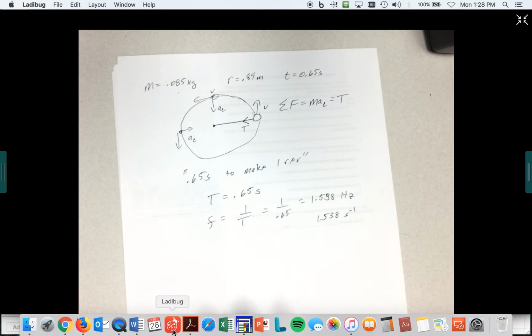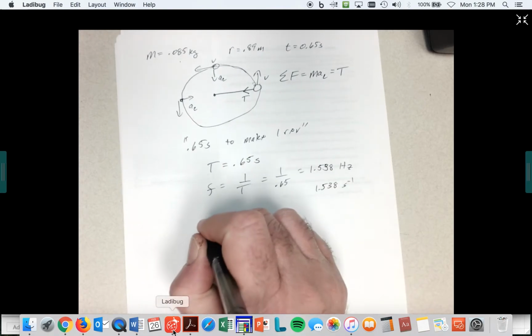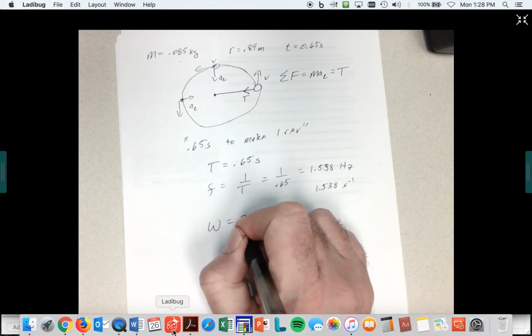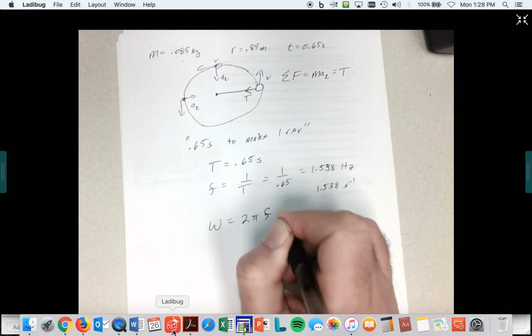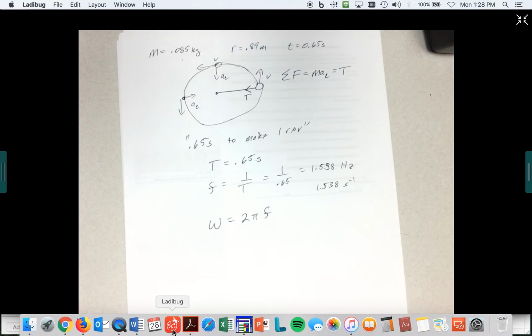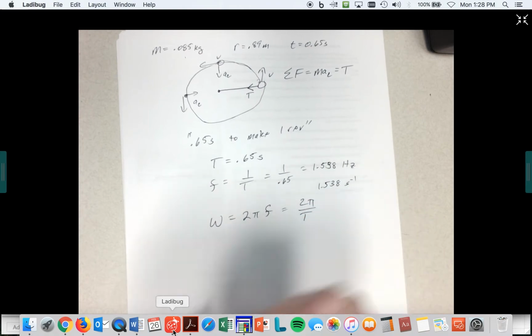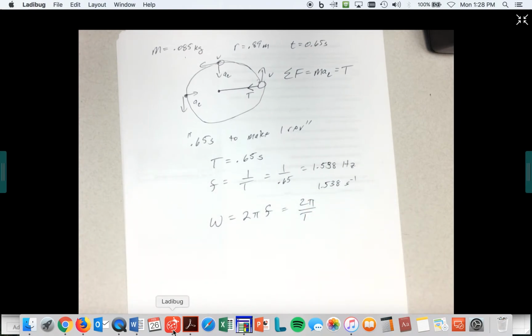And the angular speed, omega, is equal to 2 pi times the frequency. Those are all big things to know. It also equals 2 pi divided by the period, which is another way to write it.